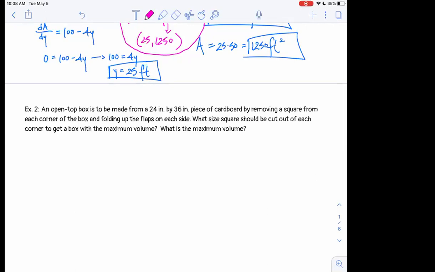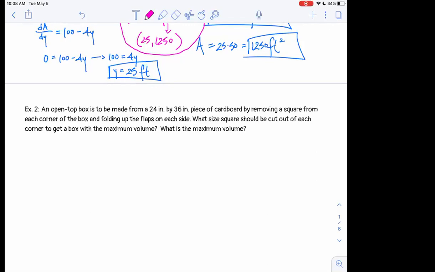Example number 2 says an open top box is to be made from a 24-inch by 36-inch piece of cardboard by removing a square from each corner of the box and folding up the flaps on each side. What size square should be cut out of each corner to get a box with the maximum volume?